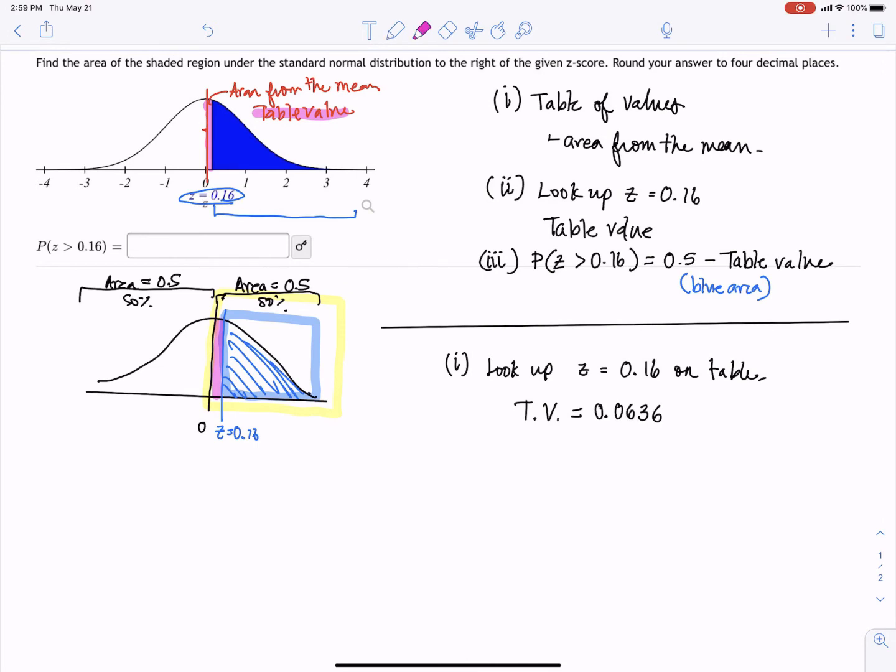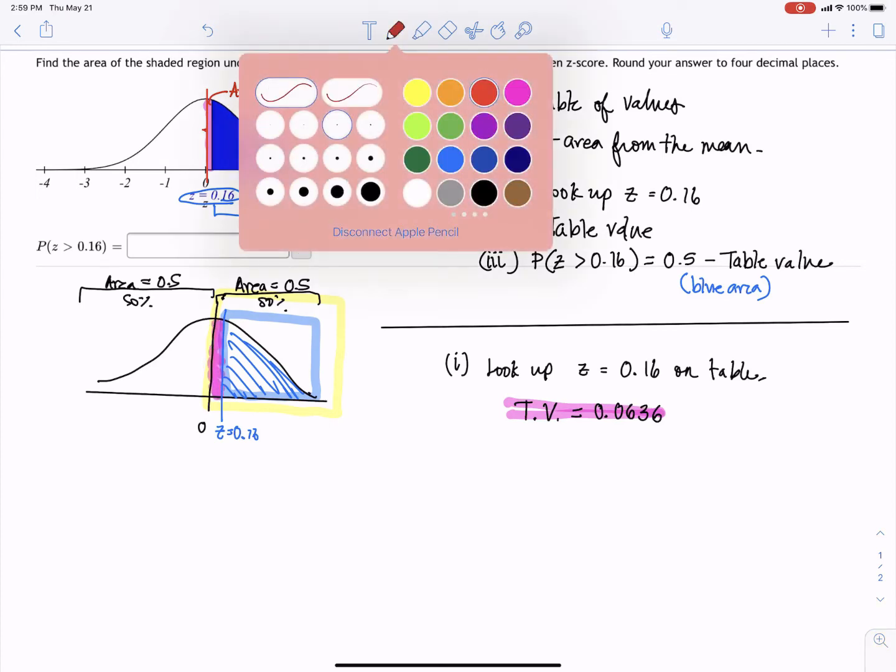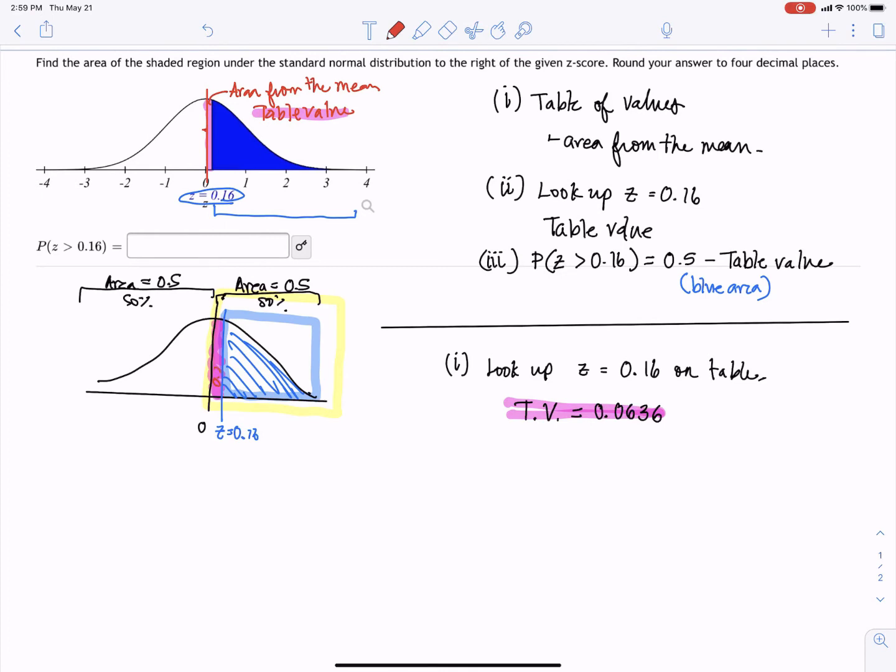So this is this little area, 0.0636. In step 2, we can go ahead and find the probability of a z-score being greater than 0.16. That's going to be 1/2 minus the table value, which is 1/2 minus 0.0636.